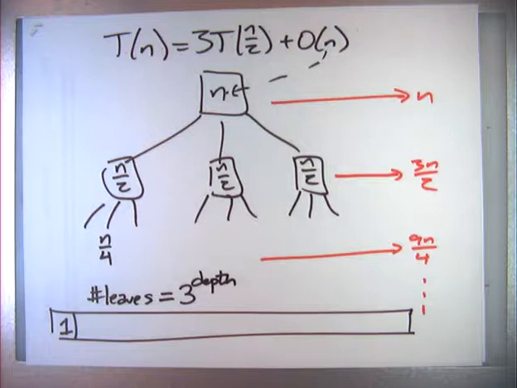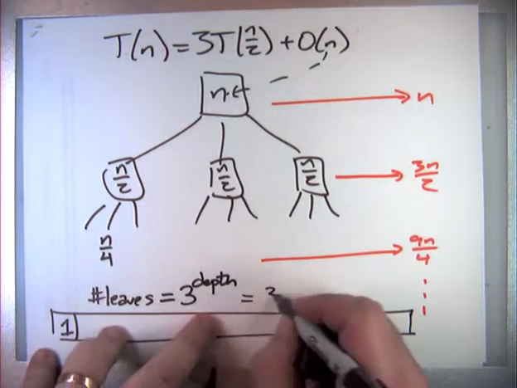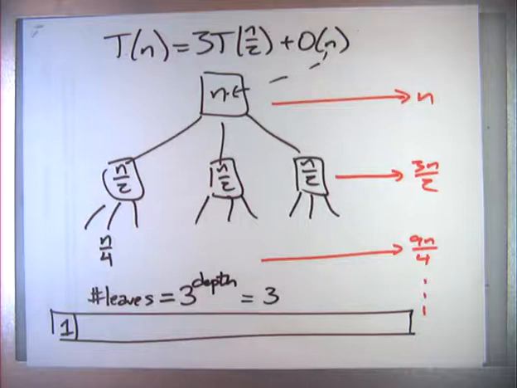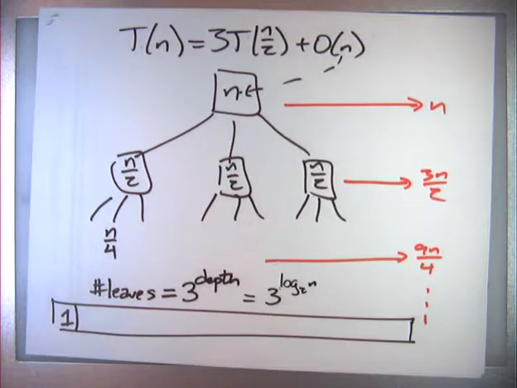What's the depth of the tree? Now, here it actually matters what the base of the log is, because it's not just floating at the bottom. It's actually up in an exponent. So let's be clear. What exactly is the depth of the tree? It's log base 2 of n. And the reason is every time I go down, the problem size goes down by a factor of 2.